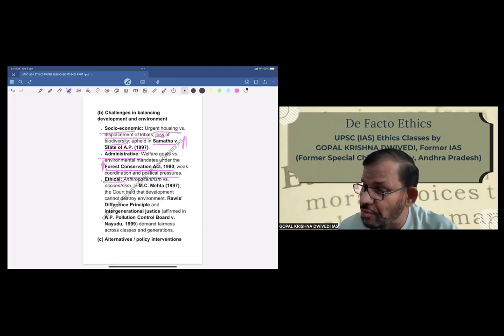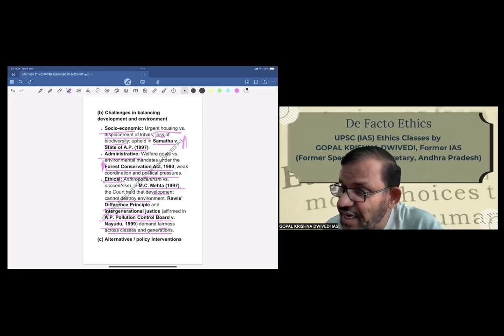And in the Supreme Court case, MC Mehta case, 1997, the court held that development cannot destroy environment. Similarly, Rawls's difference principle and intergenerational justice, affirmed in the Supreme Court case AP Pollution Control Board versus Naidu, demand fairness across classes and generations.